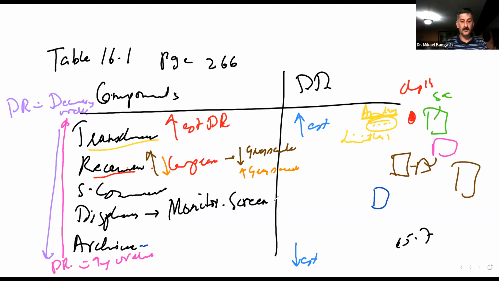So this screen is only going to show the number of shades of gray that is just enough for the eyes to be able to detect at a time. Clear? Did that make sense?